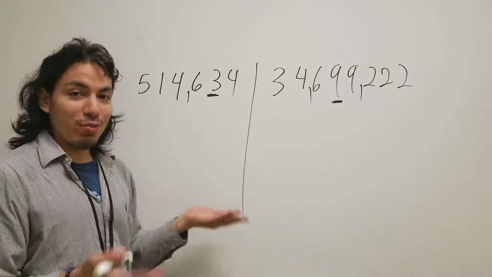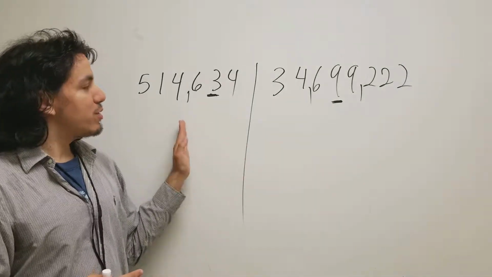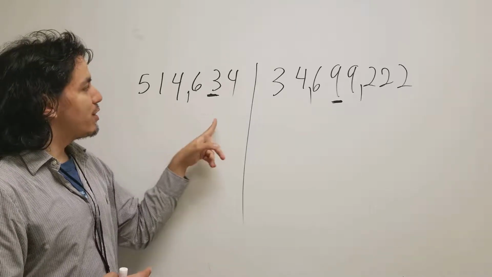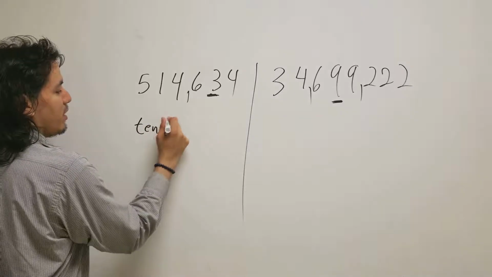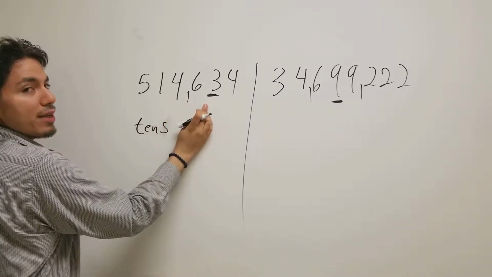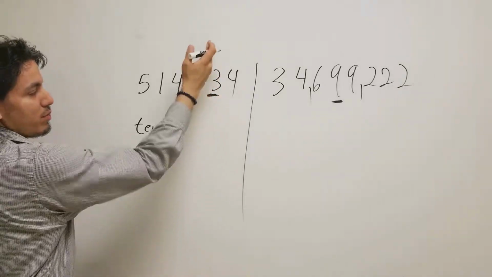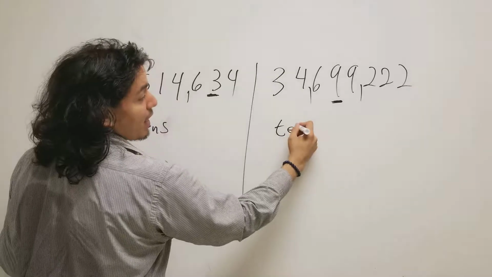Okay, if you paused, I'm pretty certain you would have figured it out. Let's do this one first. The place value for this here would be tens, because that's where the 3 is located. It's in the tens column. And then for the 9, this would be 10,000s.